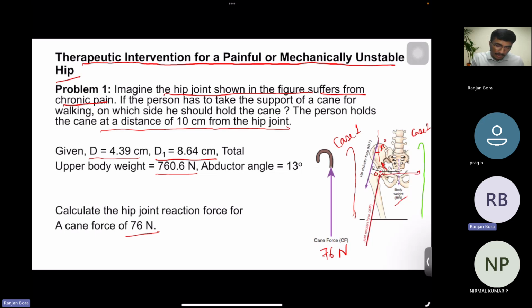And again, he takes the cane at a distance of 10 centimeter.